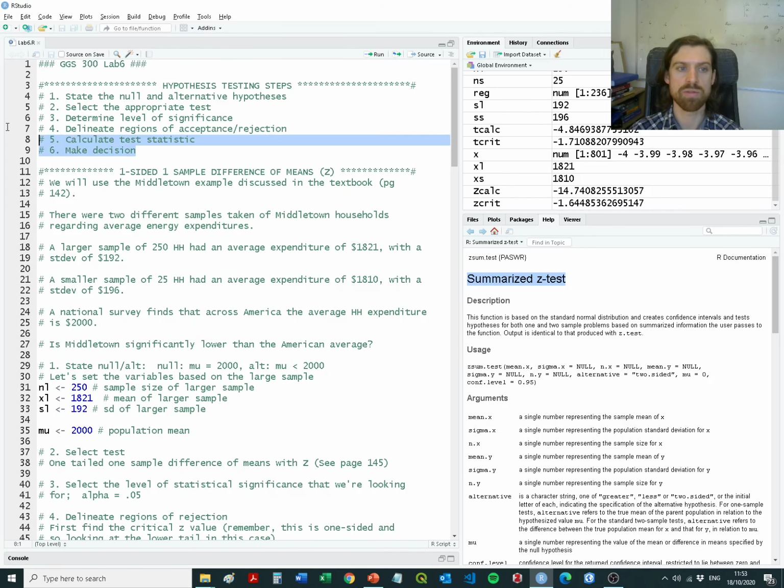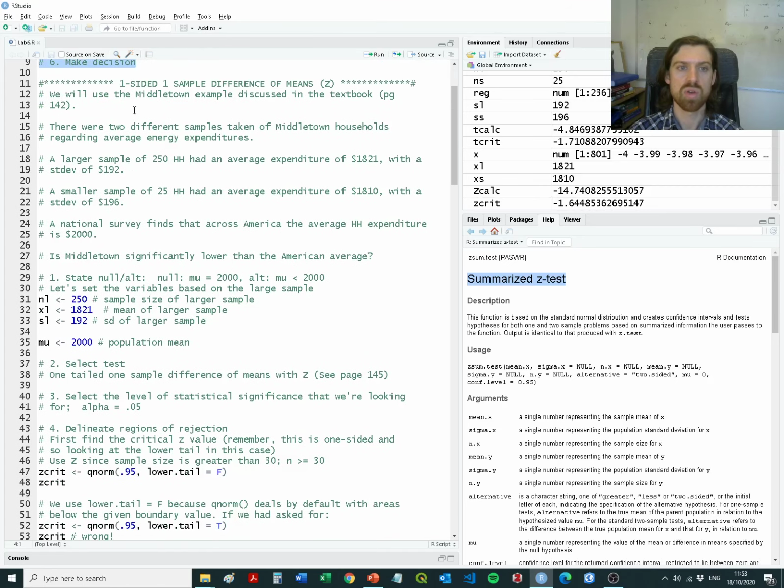Essentially what we've done is we've recapped on those 6 steps. We've gone over the example that's in the book and we've tested a sample that's quite small, and as a consequence we've had to use the t distribution, and we've used a sample that's quite large, and therefore we've been able to use a normal distribution and a Z score.